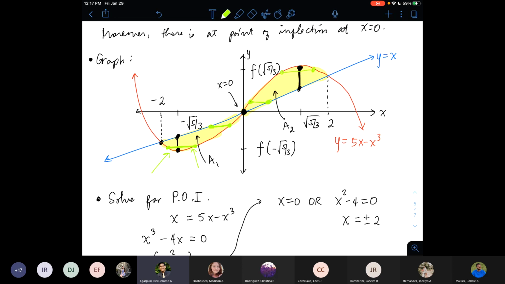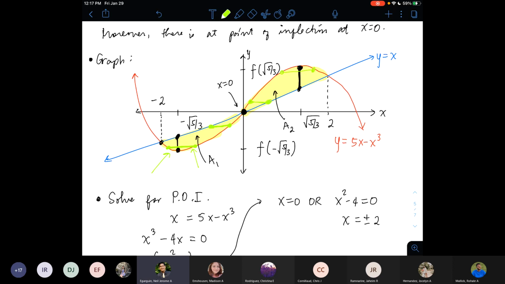So if you insist on using horizontal strips, then you will need 4 integrals in order to solve this problem, compared to what we just needed when solving it using vertical strips, where you only needed to split the integral twice. But horizontal strips will require us to split it 4 times. Okay.